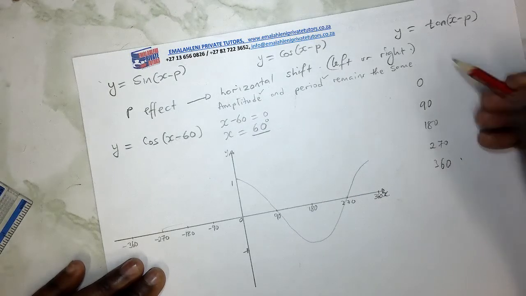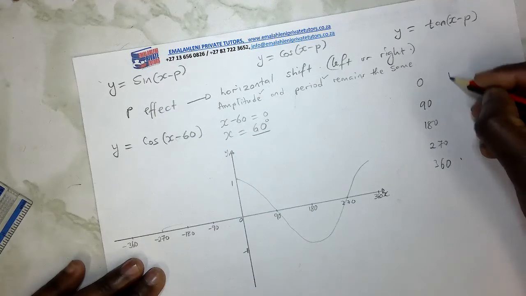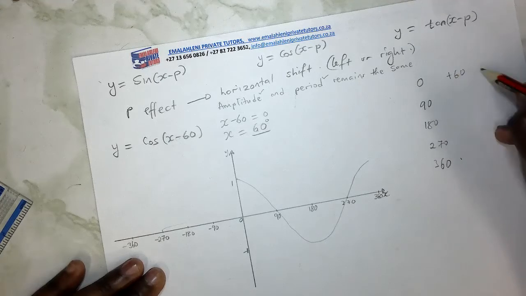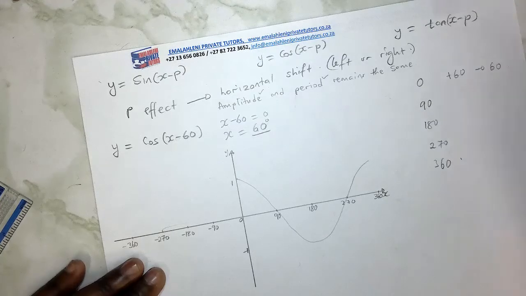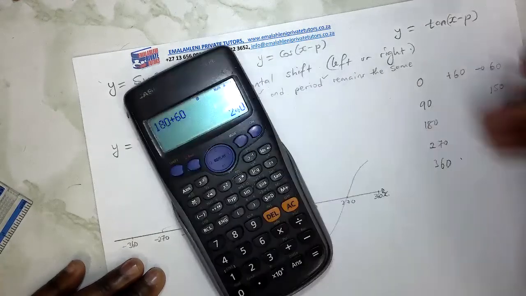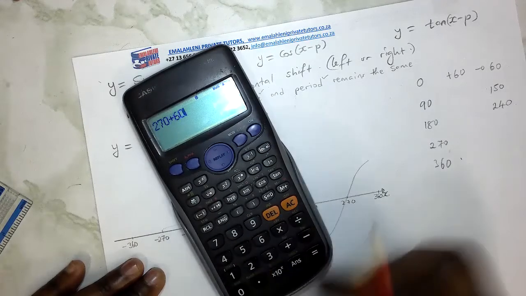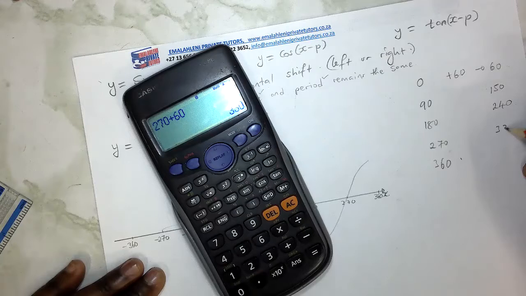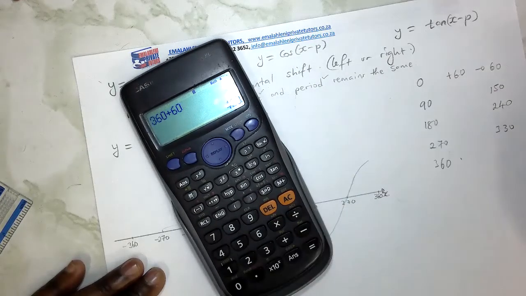We are adding 60 to everything. So here we get 60, then 90 plus 60, 150, then 180 plus 60, we get 240, then 270 plus 60, we get 330, then 360 plus 60, we get 420. So this is what we are having now.